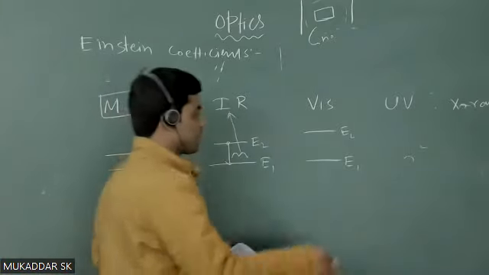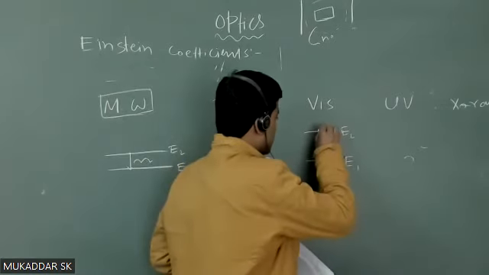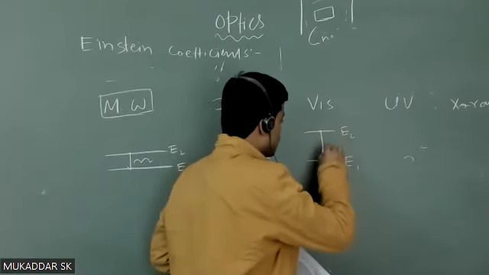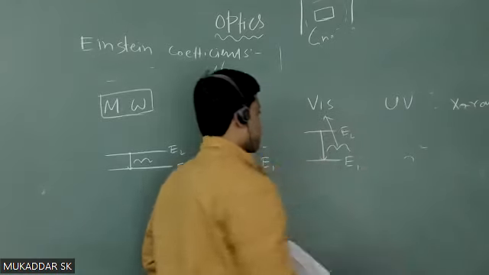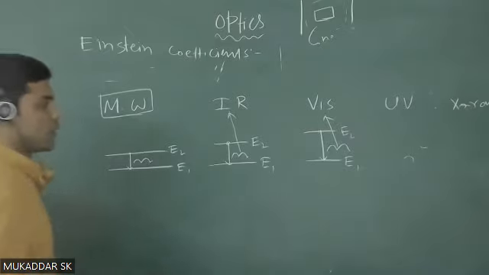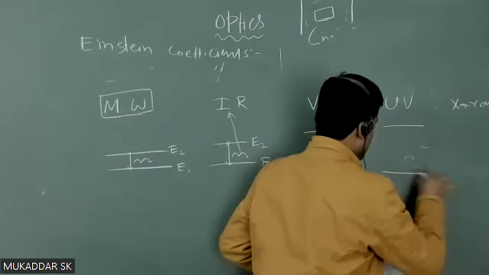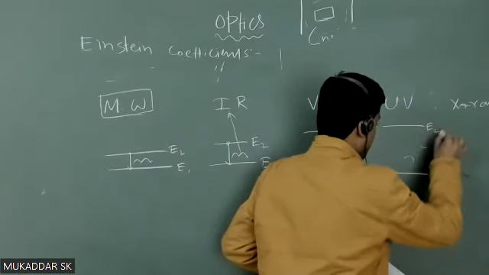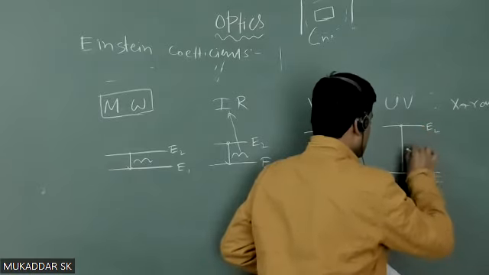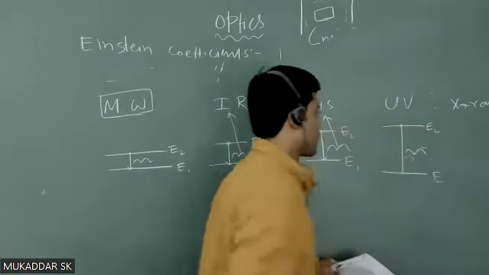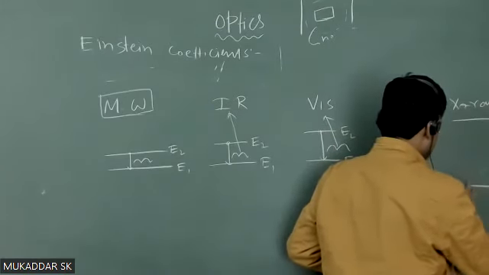If you further increase the separation between E2 and E1, the photon will belong to the visible range. If you increase the separation more, the jump from E2 to E1 will produce UV. To produce X-ray, you have to increase the separation further.